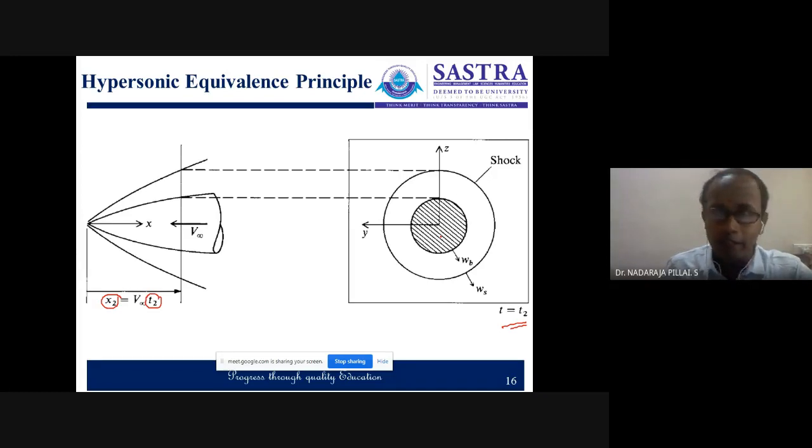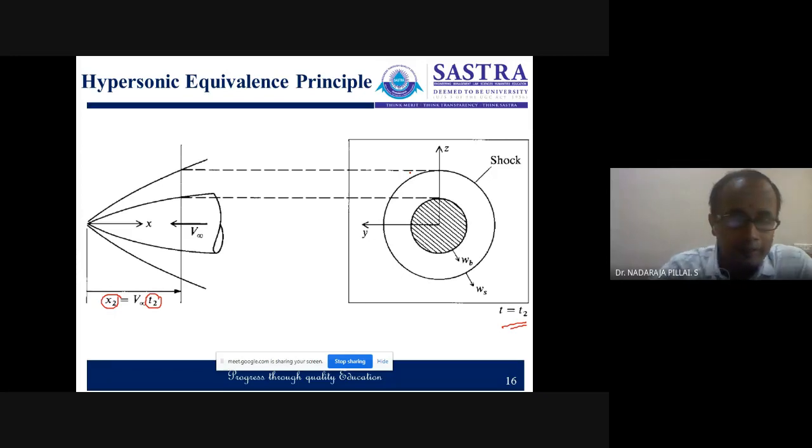So we can say that the trace of the body and its shock wave in the YZ plane. So here it is in the YZ plane. Do you remember we have studied the unsteady flow in a YZ plane? That is what the explanation here, right?